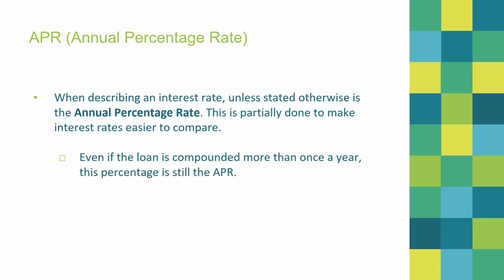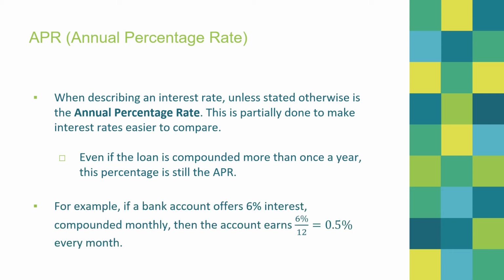But it means that if a loan is compounded more than once a year, well, the percentage is going to be the APR, but that means we're going to have to divide by the number of times we compound. So if we say that you offer 6% interest and we compound every month, then you're actually only going to earn 0.5% every month. Don't worry, it adds up to 6%. It actually adds up to slightly more. But it doesn't mean 6% a month, it means 0.5% a month.